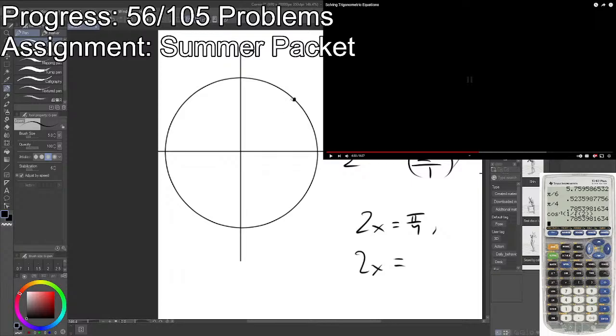So the first one that we found by using the inverse is this. And the cos is square root of 2 over 2. And this doesn't really matter. And the cos is also square root of 2 over 2 down here.